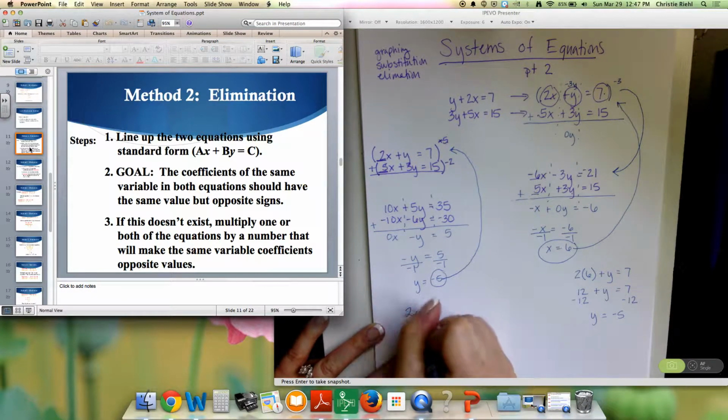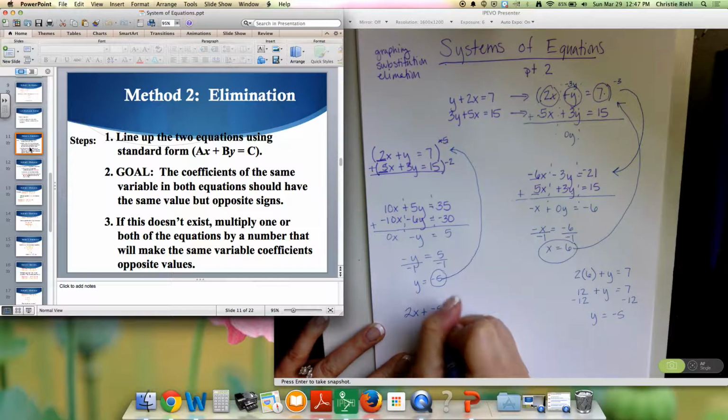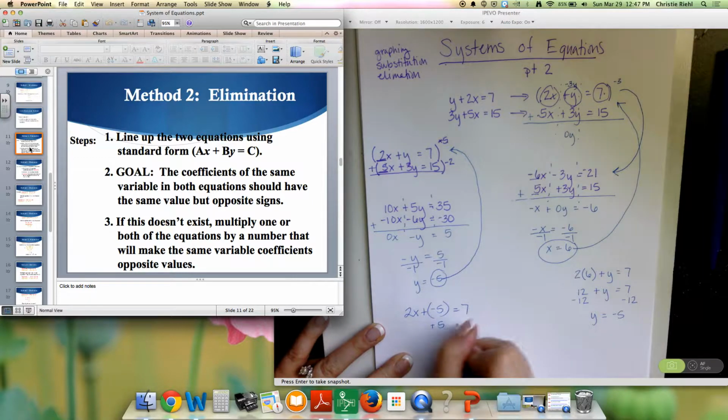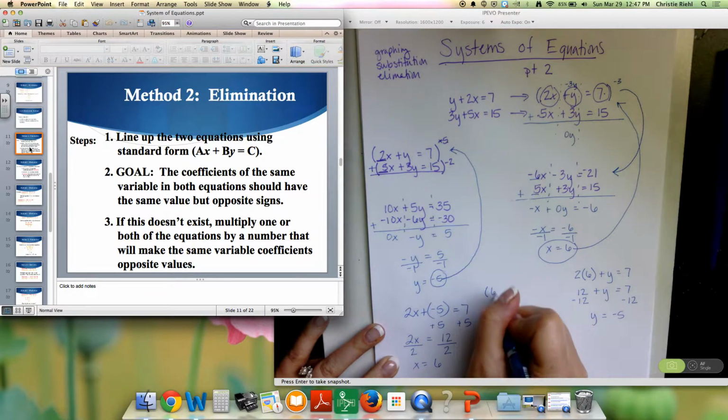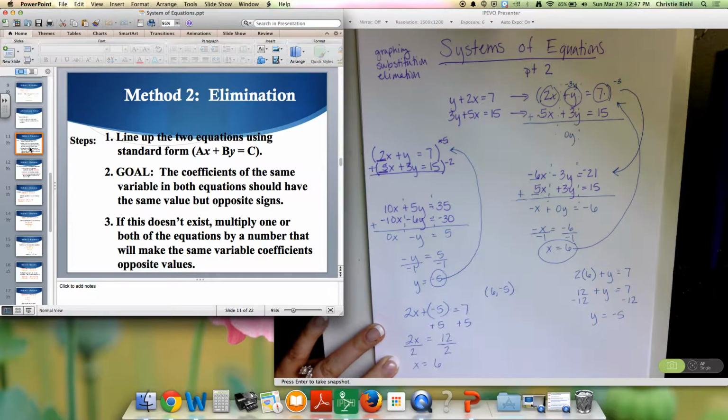2x plus -5 equals 7. Add 5 to both sides. 2x is equal to 12. Isolate my variable by dividing by 2. And x is equal to 6. Now that I have this value of 6, -5, I want to double check it in both of my original equations, just like we did before.